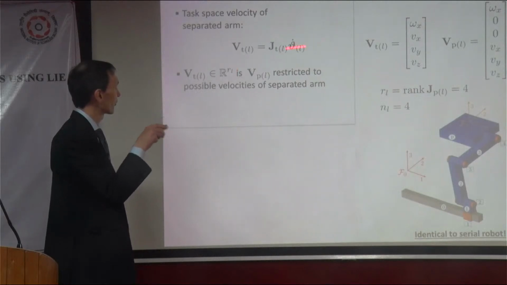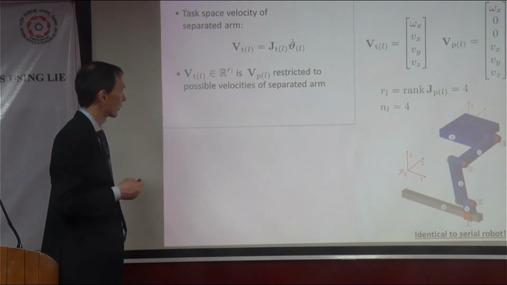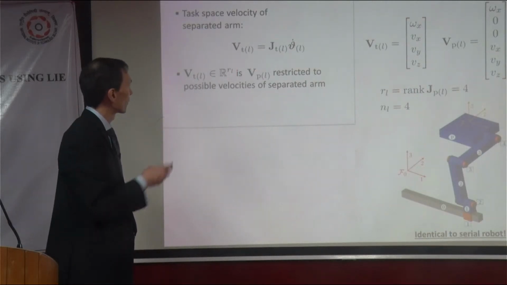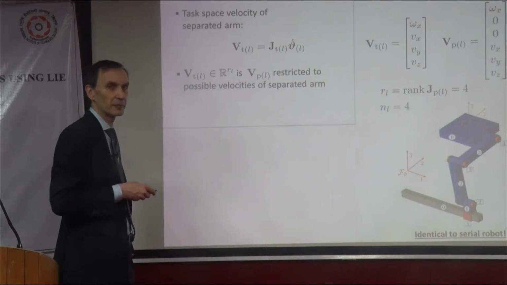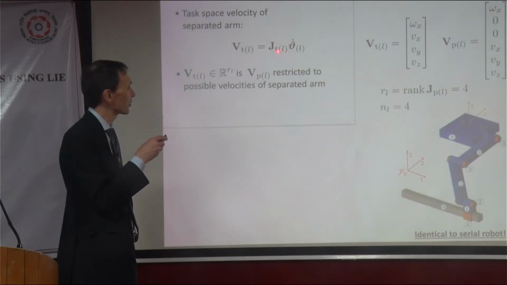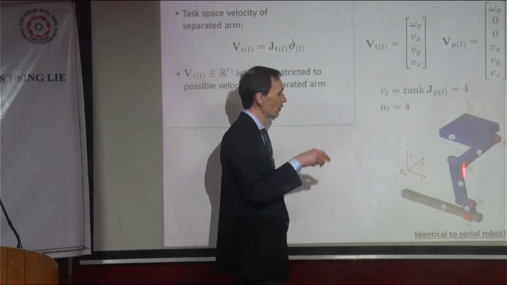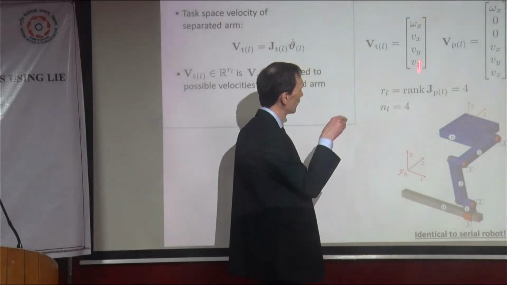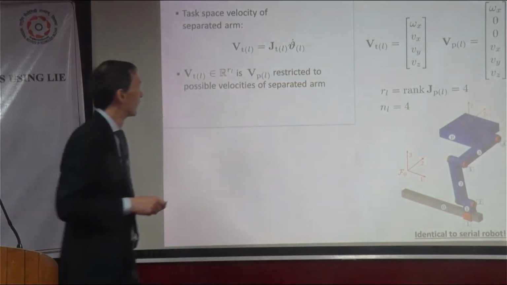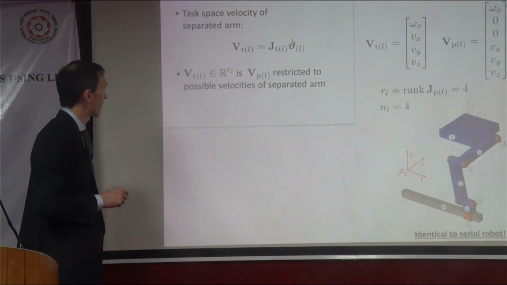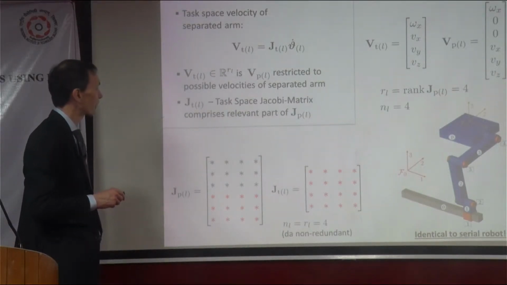So you see lots of terminology, but not really something new. Now we have a Jacobian. What is the size of the Jacobian? It's a 4 times 4 Jacobian, right? Because you have the 4 outputs and the 4 inputs. We have the 4 joint angles and the 4 velocities.